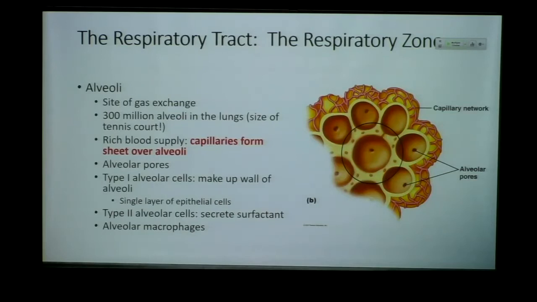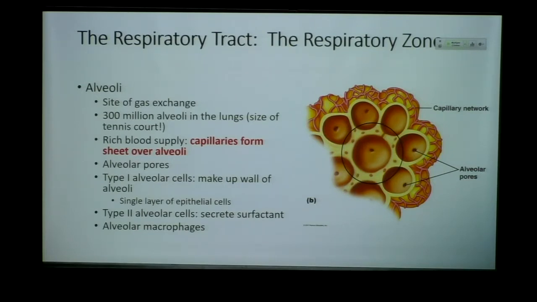Okay, so now, because this is the site of gas exchange, we have about 300 million alveoli per lung. And if we stretch that out, that will give us a combined surface area of about the size of a tennis court. So a lot of surface area for exchange.